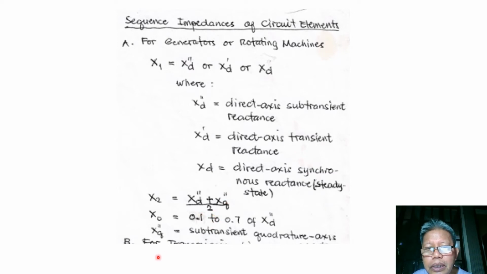Our zero sequence reactance of generators usually ranges from 0.1 to 0.7 of the subtransient reactance. So the zero sequence reactance of our generator could be in a certain range. XQ double prime here is the subtransient quadrature axis reactance.